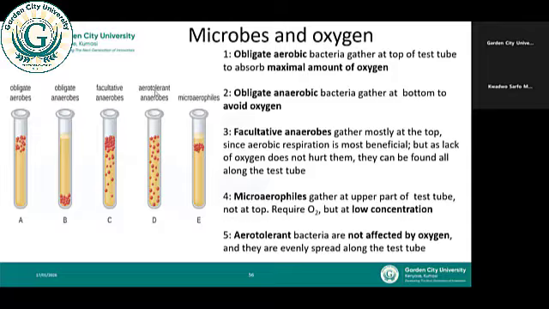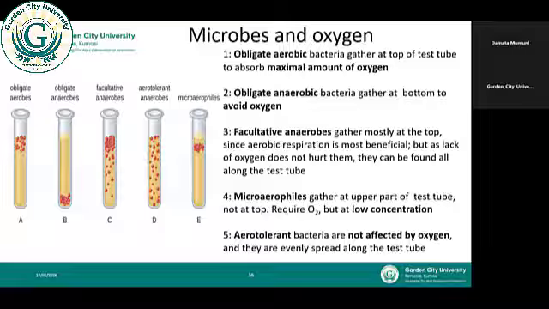We have the aerotolerant. They tolerate oxygen, but they are anaerobic. So they will rely solely on anaerobic respiration, but the presence of oxygen does not bother them, because they do not need oxygen to do anything.